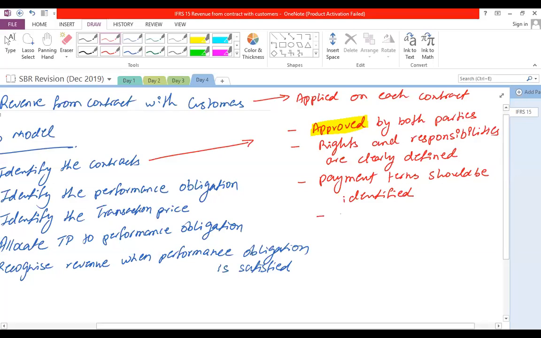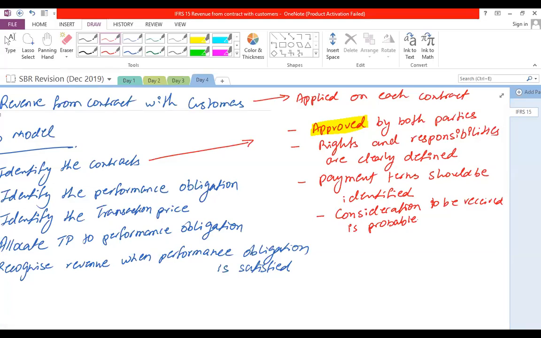The fourth criteria is that the consideration to be received is probable. So it should be probable that we will be receiving the consideration for the work that we are doing. If the consideration is probable, only then we are going to call it a contract. Let's suppose we are selling goods to a customer who is already in financial difficulty, this means we cannot recognize revenue, because in that case, the inflow is not probable.